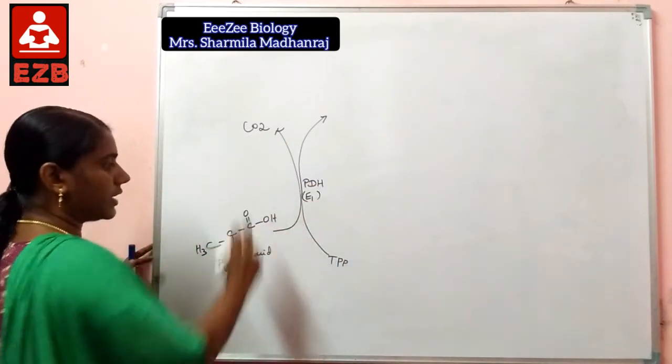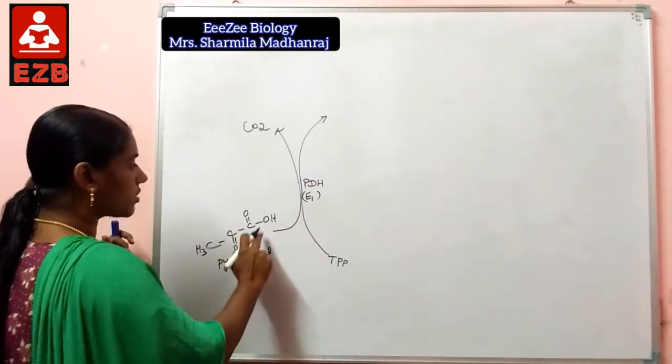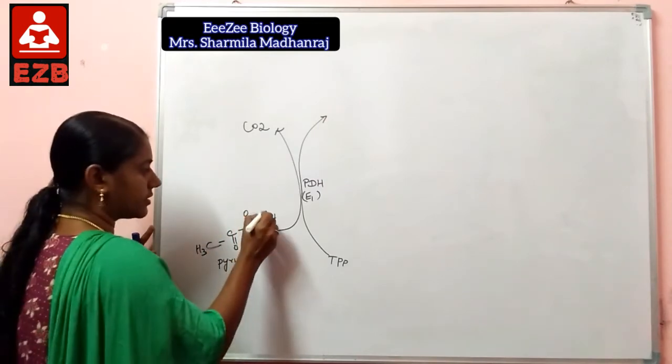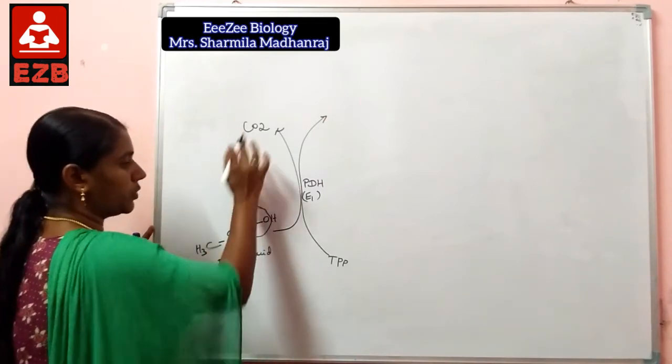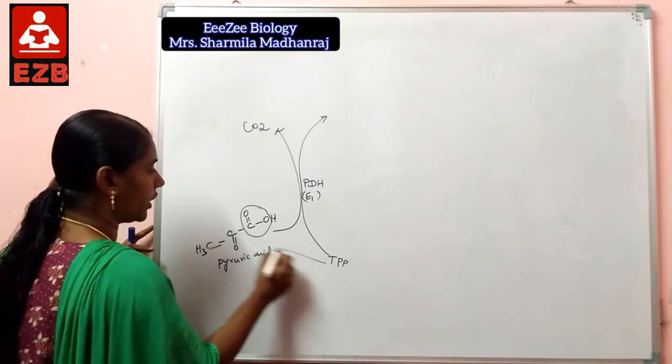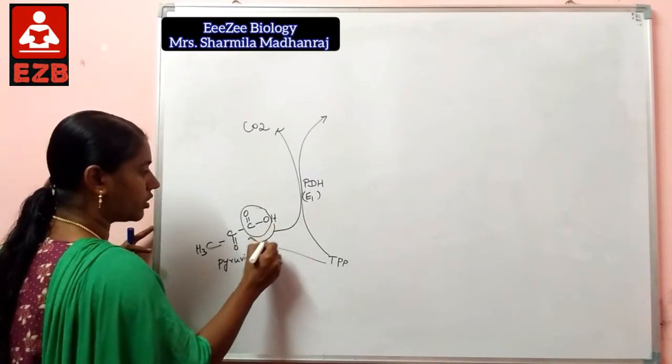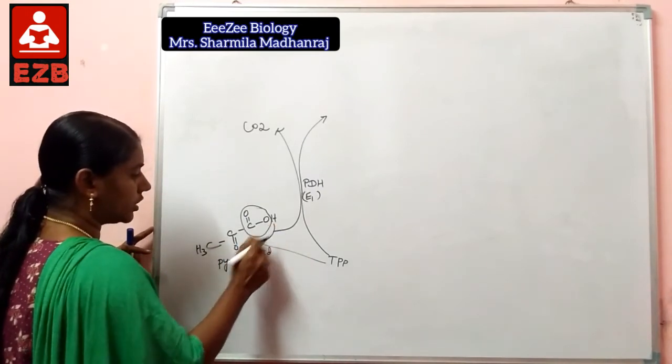Carbon dioxide is removed from the carboxyl group of pyruvic acid, CO2. Then TPP is joined here, and the hydrogen is joined to this O group.